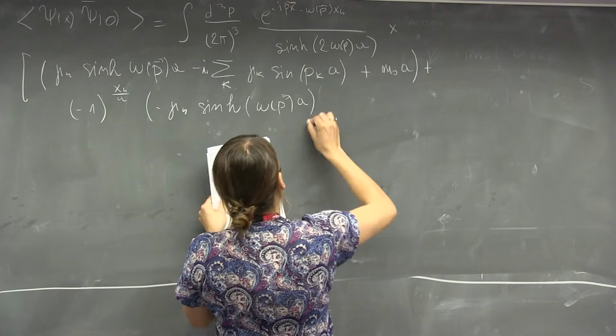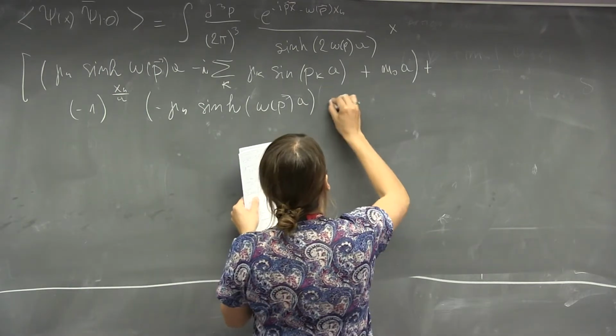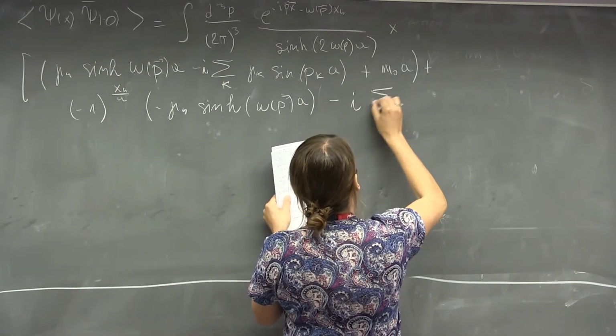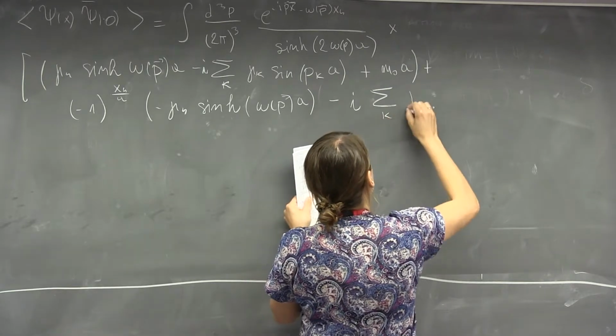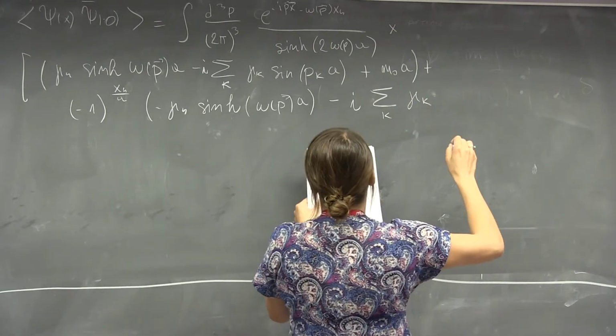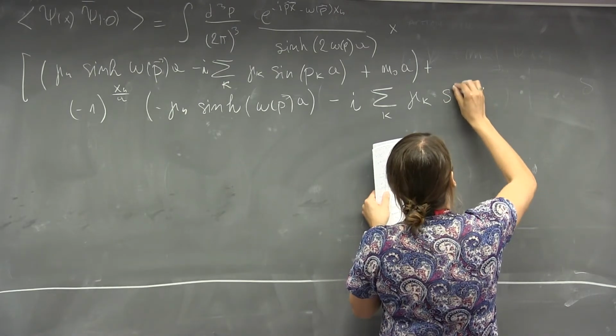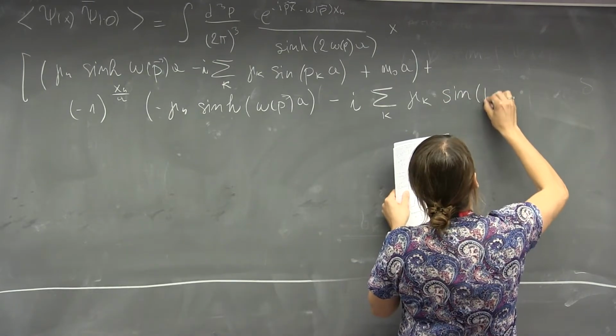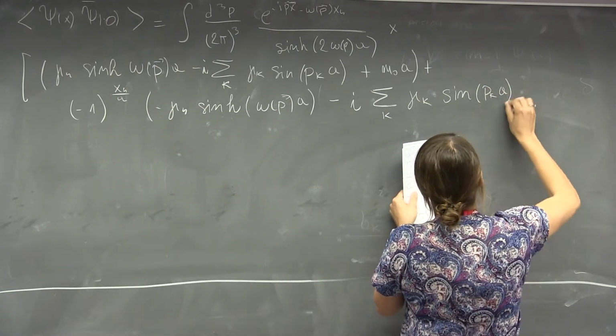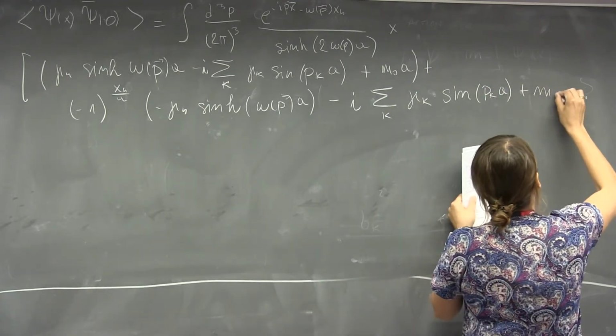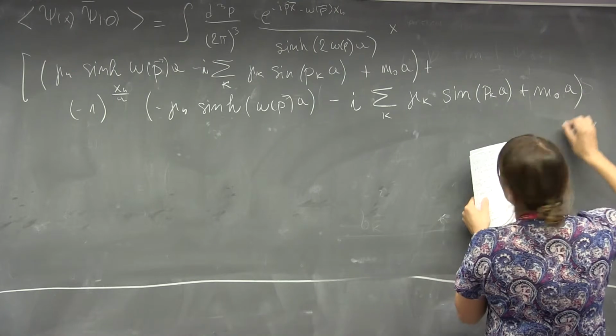So the energy times a, minus i times the sum over all spatial gamma matrices multiplied by sin pk a plus m0 a.